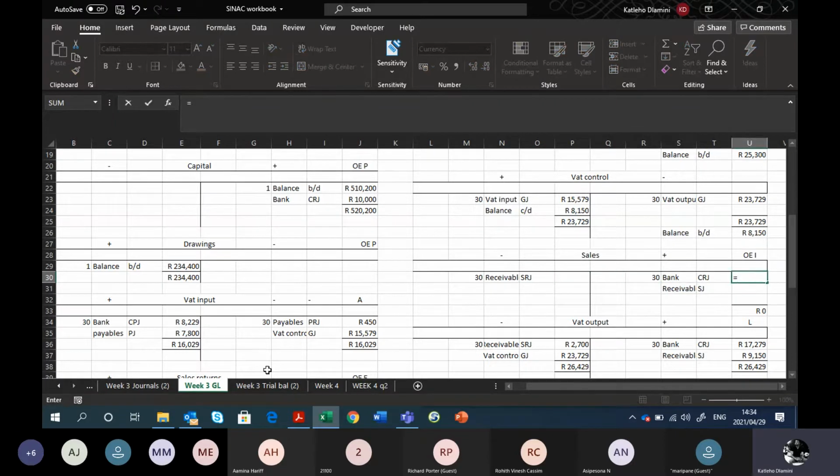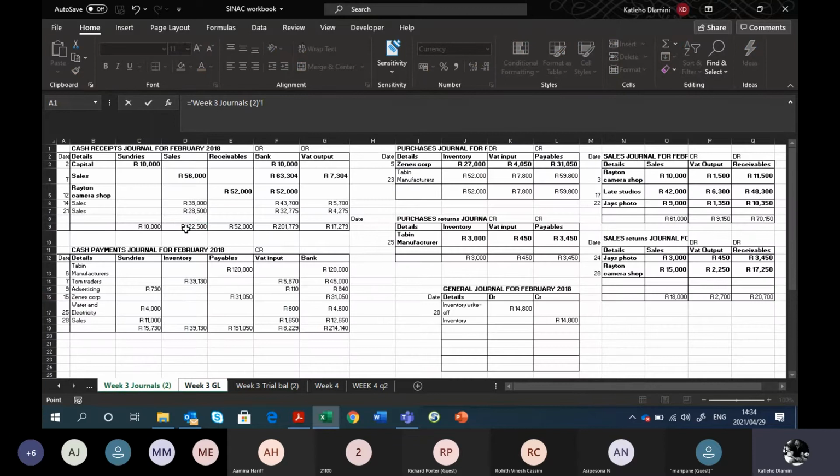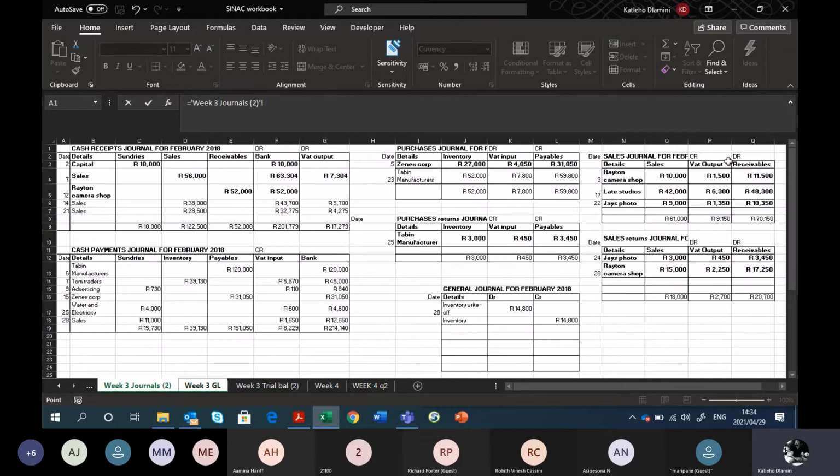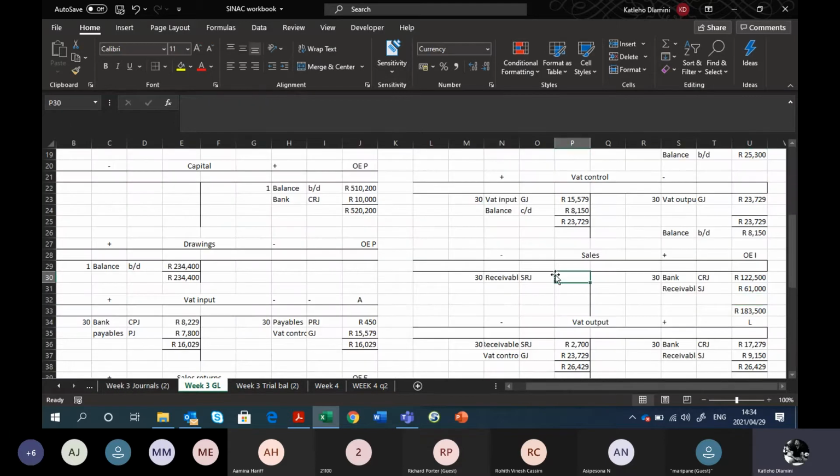Okay, let's start with bank. So the amount coming from your CRJ is over there. The one coming from your receivables, sorry, it's over there. Let me just make sure that's 122. And then this one, your sales returns.